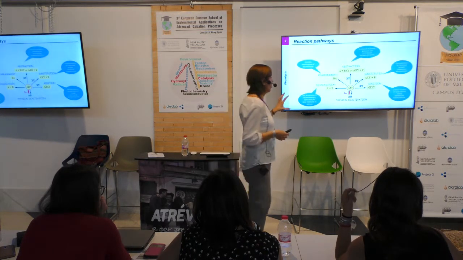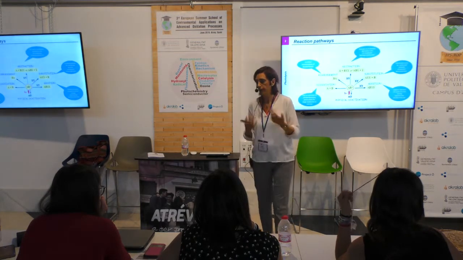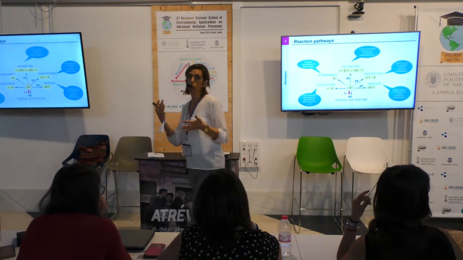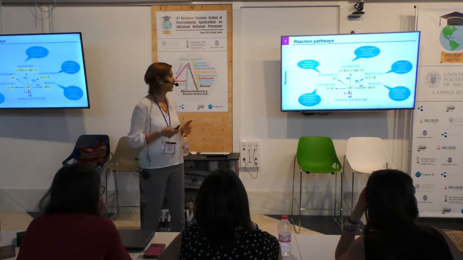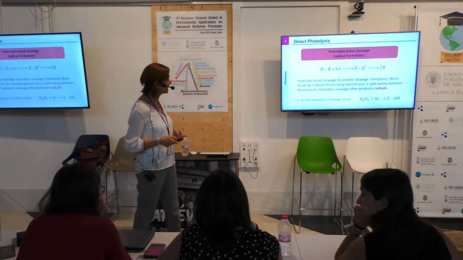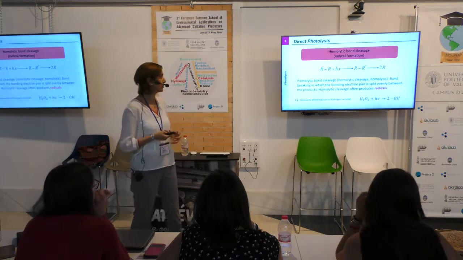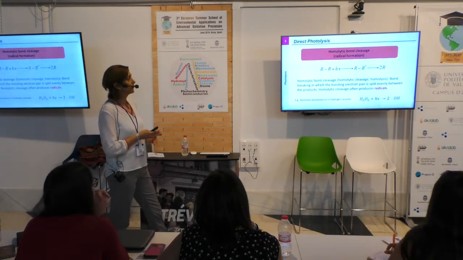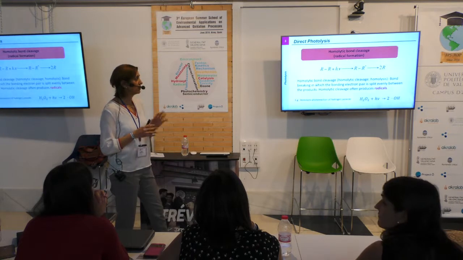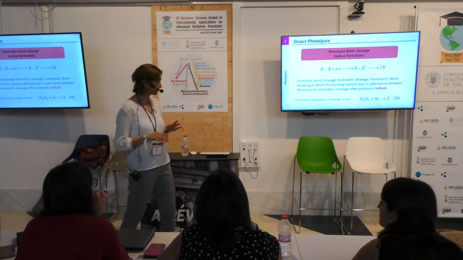And we are focused on the main reactions that can happen when we apply just radiation to a system. So we are focused on direct photolysis and indirect photolysis. When we talk about direct photolysis, we're talking about basically two main types of reactions.